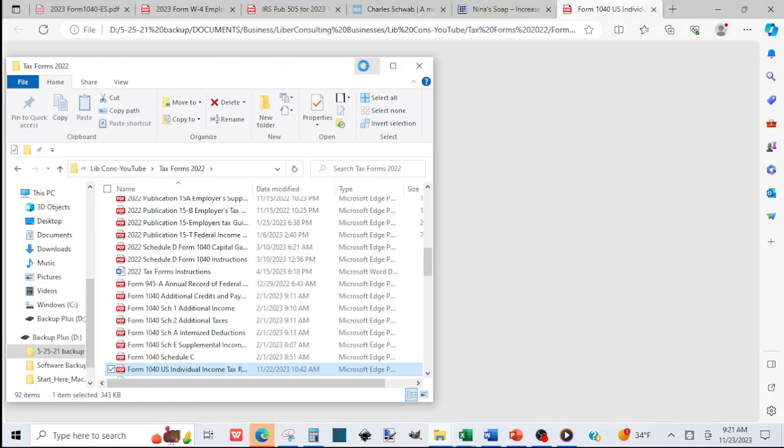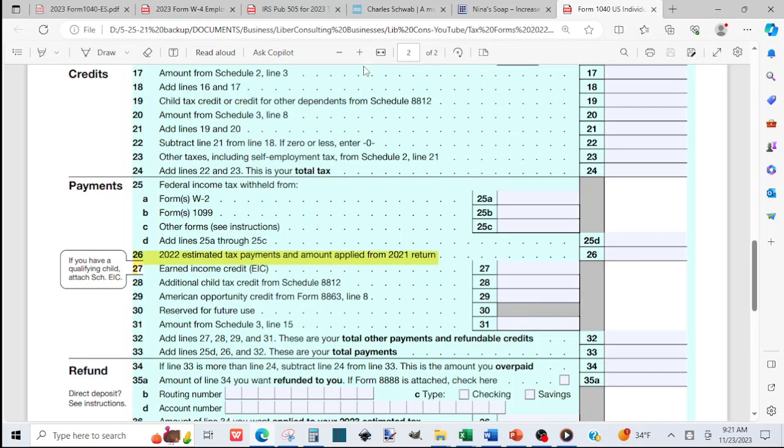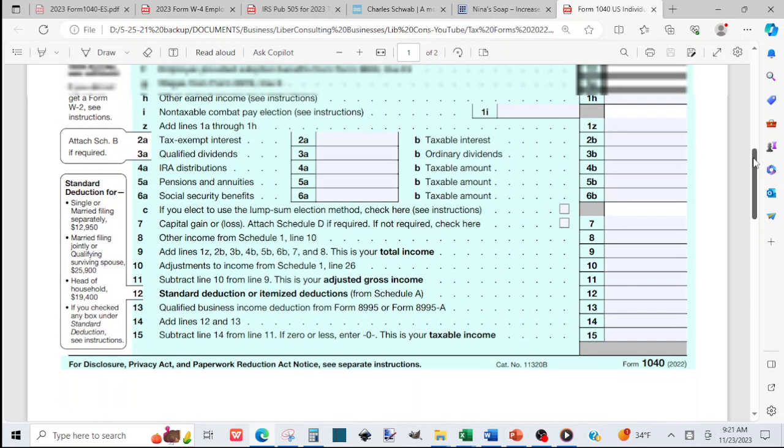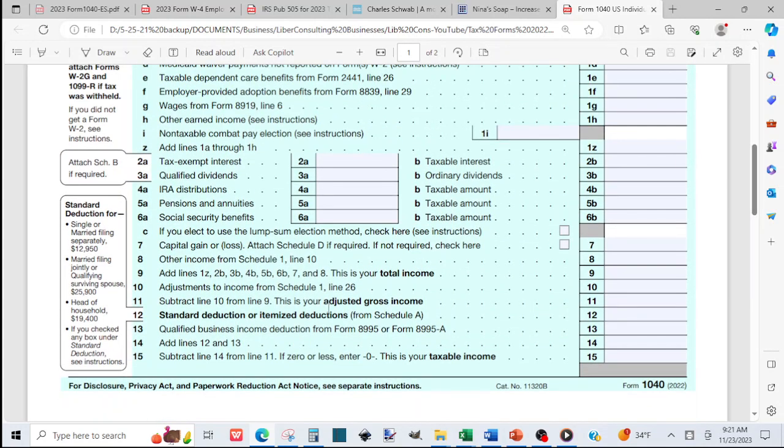And if you are estimating about the same, you can use that. You'll find your adjusted gross income, or AGI, on your 1040.